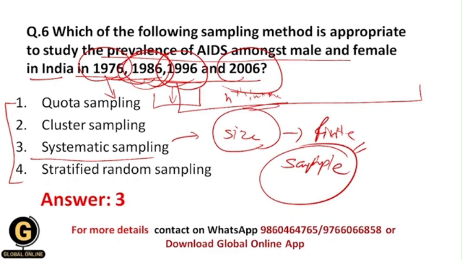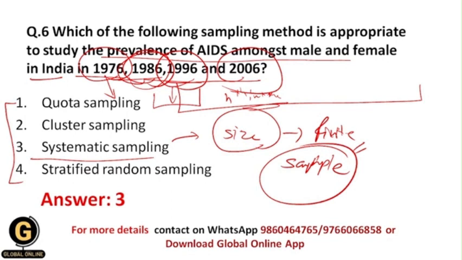So why will the researcher follow this sampling technique? Because with this sampling technique the researcher can reach both genders, male and female, and as well can study each and every year, like 76, 86, 96 and 2006.